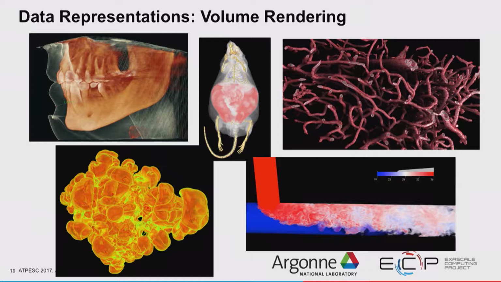This is an example of a process called volume rendering. Essentially you have a volume full of data values, and you cast rays into that volume. For every value in your data volume, you assign some color and opacity value.